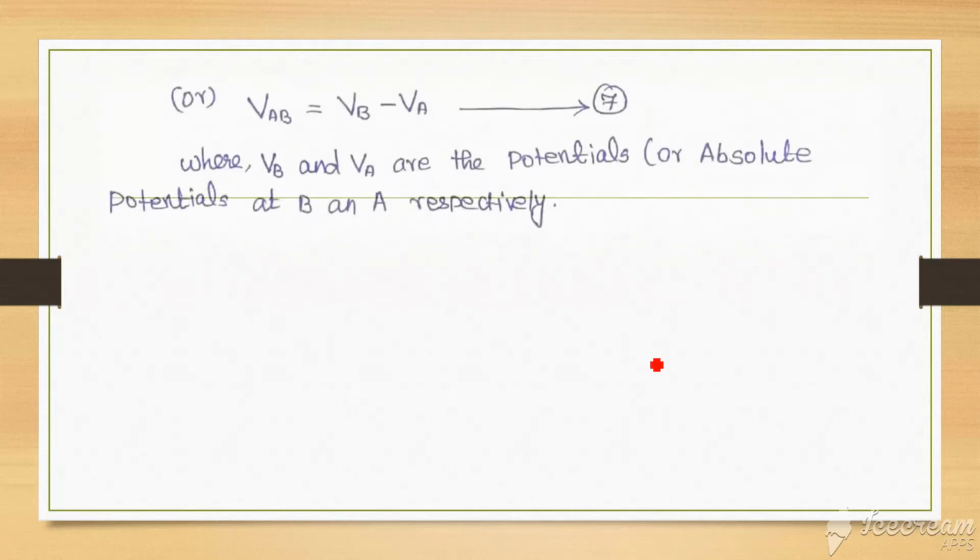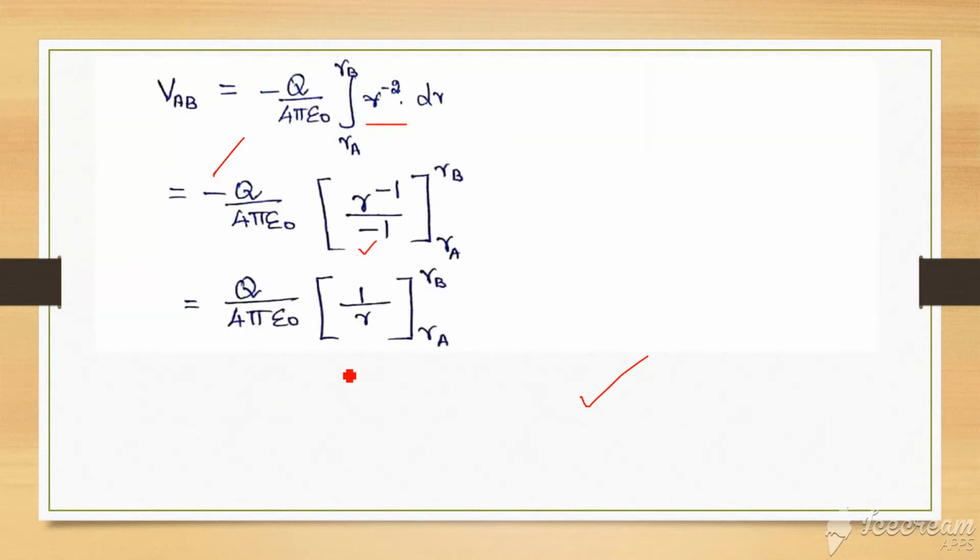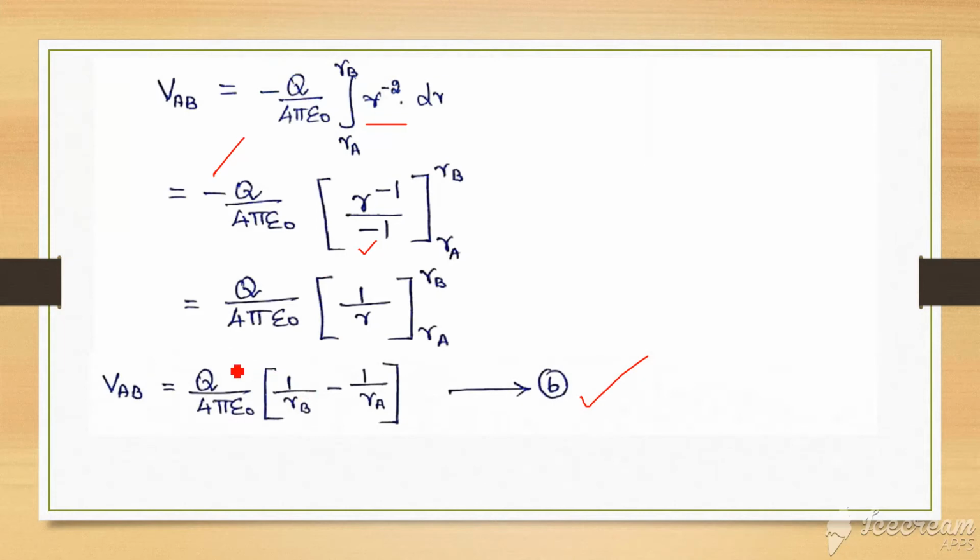Again the previous formula can be written as, the first term is VB and the second term is VA. While multiplying this inside, the first term is VB and the second term is VA.